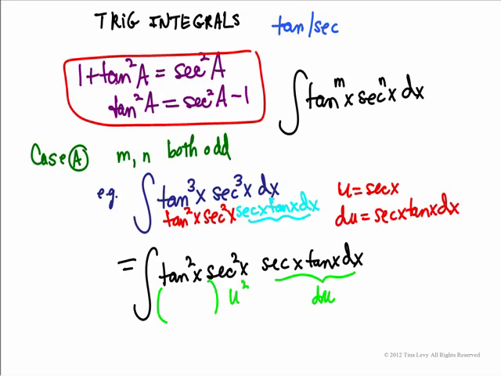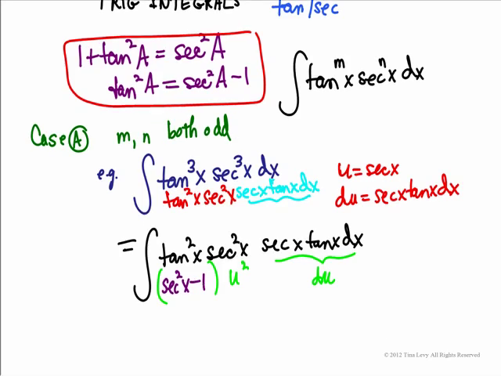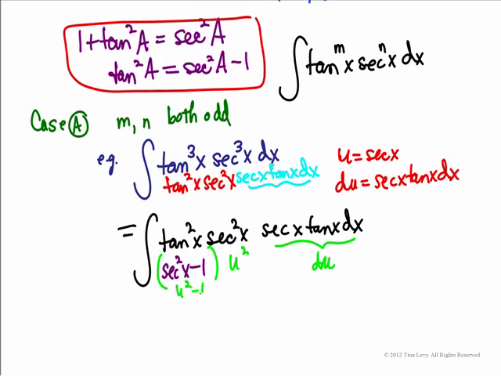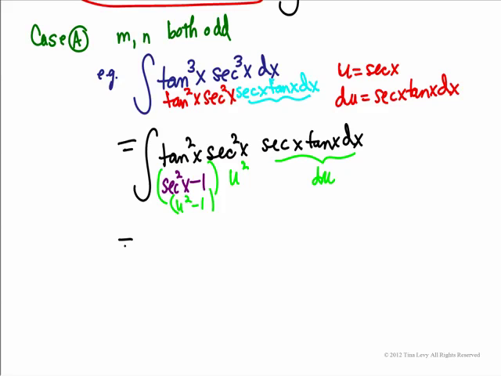I do that from the identity which says tangent squared is secant squared minus 1. This then becomes a u squared minus 1 here. I can now write the u substitution. The integral becomes u squared minus 1 times u squared, and then I have du.